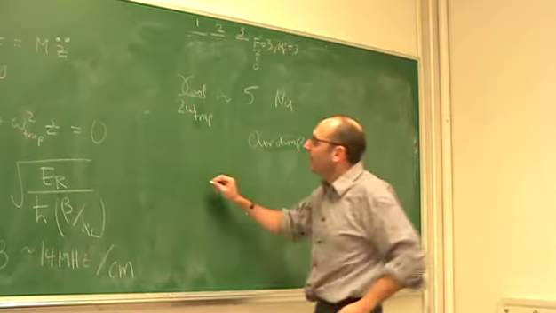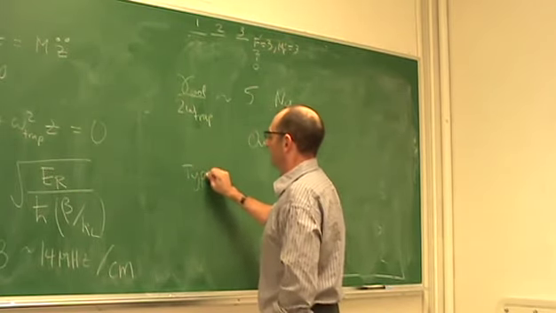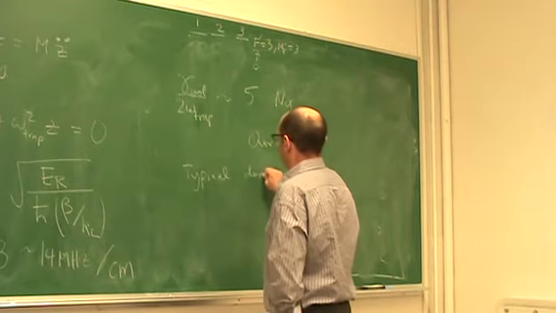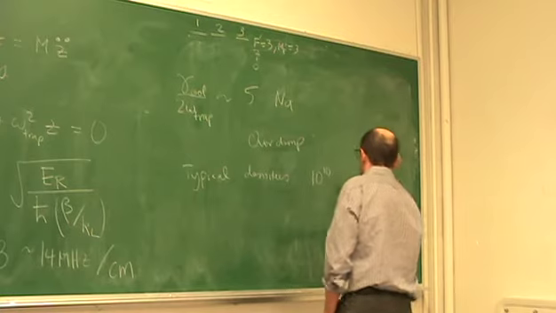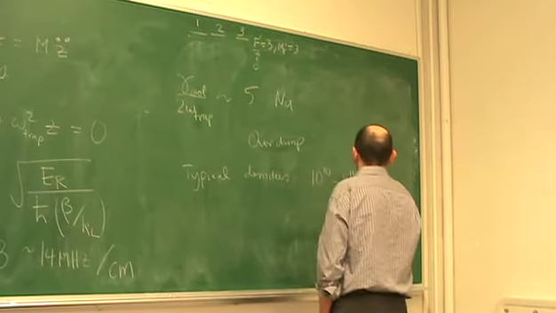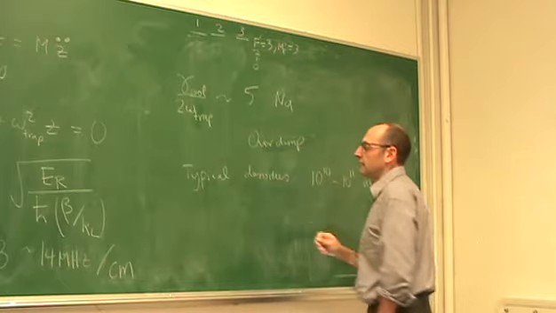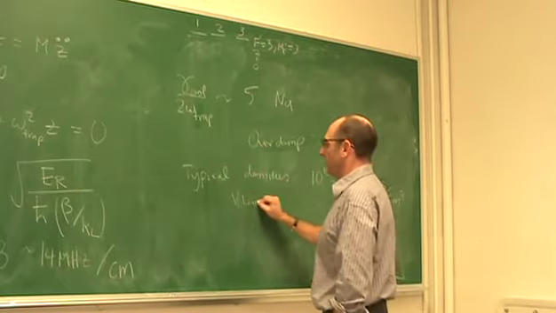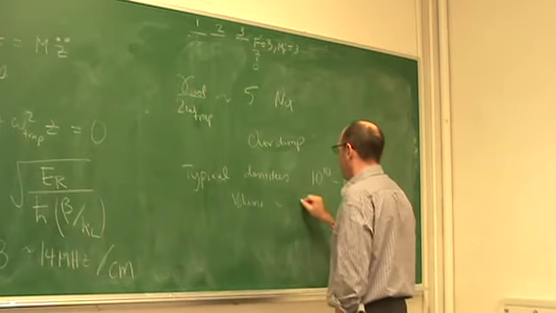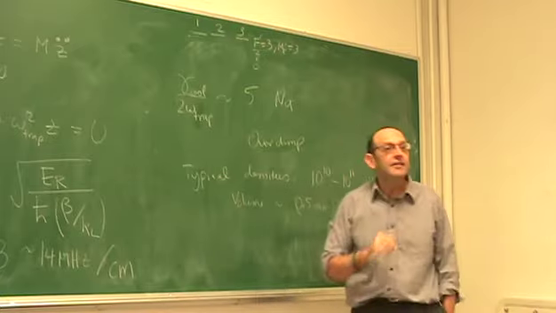What one finds is that the typical densities are about 10 to the 10th to 10 to the 11th atoms per centimeter cubed. The volume of the trap is on the order of 0.5 millimeter cubed, typically, I guess.